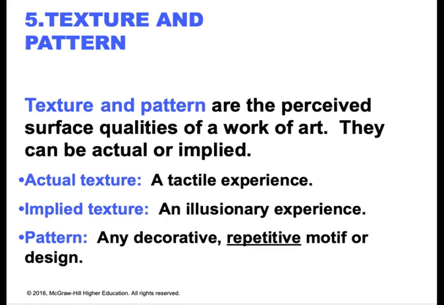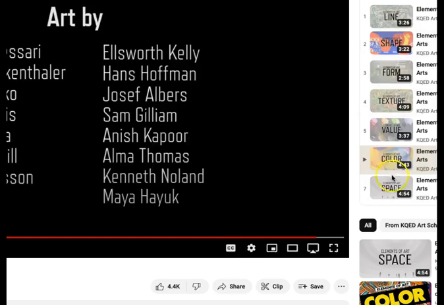We're going to focus on just the word texture. We'll just kind of let pattern come along with texture. Texture and pattern are the perceived surface qualities of a work of art. They can be actual or implied. So let me click over to the video on texture now. And we'll get some visuals of what texture looks like.